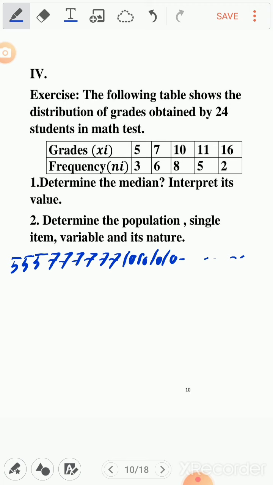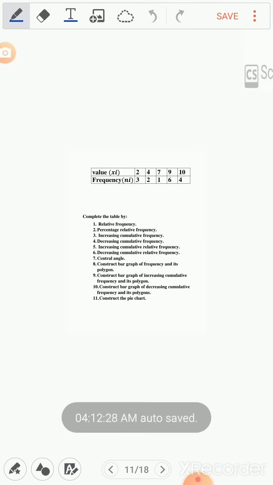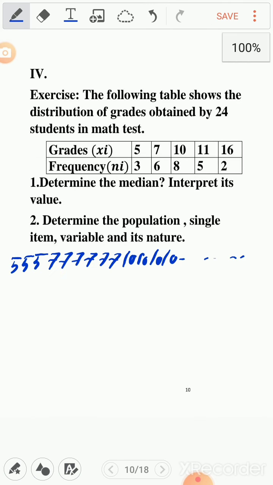So the first part, what is the median of this data set? We find the size of this population, the size n.